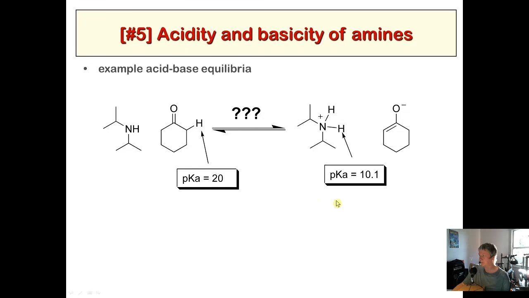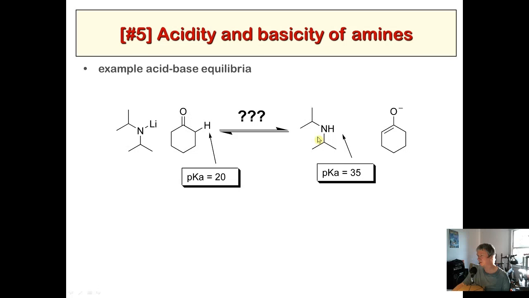The equilibrium lies to the left, this is not strong enough of a base. That's why we don't use this as a base to deprotonate a ketone, right? Indeed, it might actually make an enamine, because it's a secondary amine, and secondary amines react with ketones to make enamines. The only thing that might prevent that is this is sterically hindered, the two isopropyl groups. But this is certainly not a strong enough base to deprotonate the ketone.